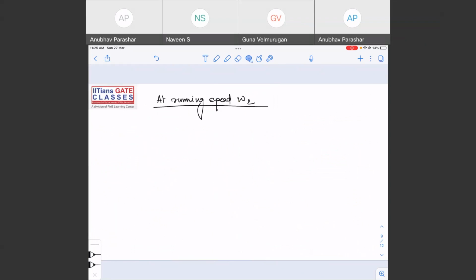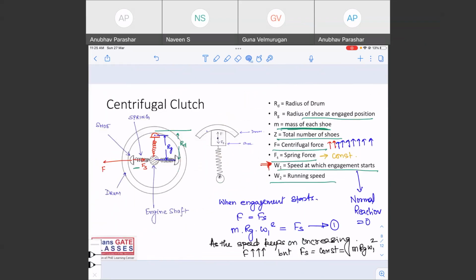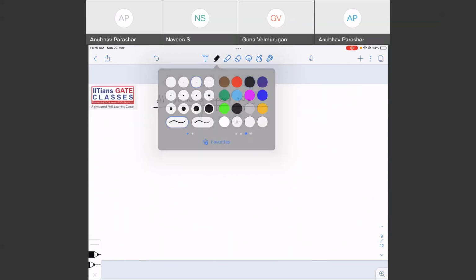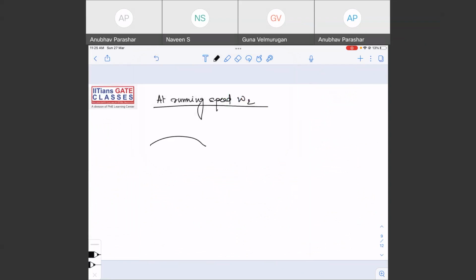This is the drum. This is the shoe, right? So you have some centrifugal force F. The value of F is equal to m omega 2 square Rg, right? You have some spring force Fs.